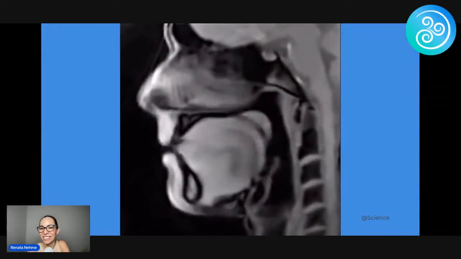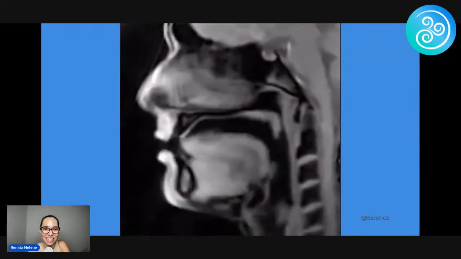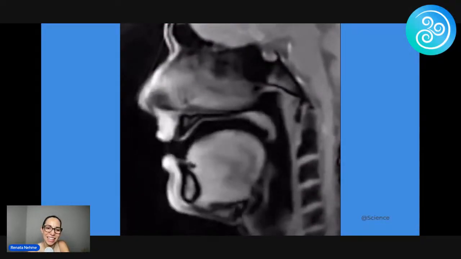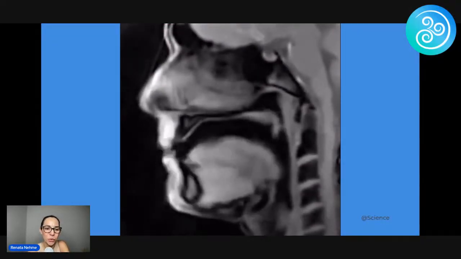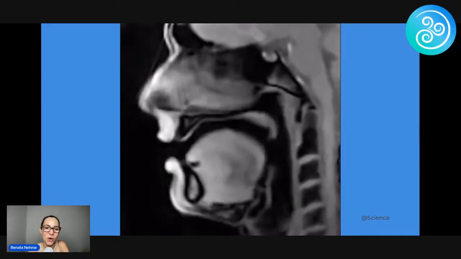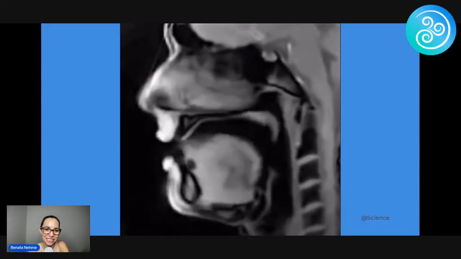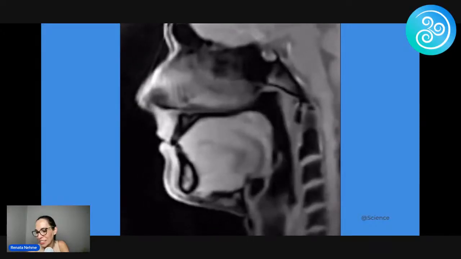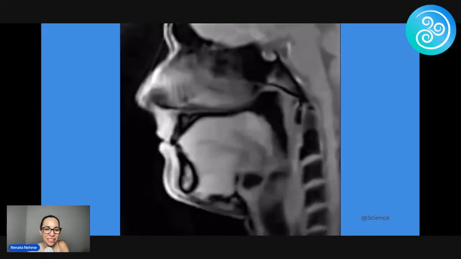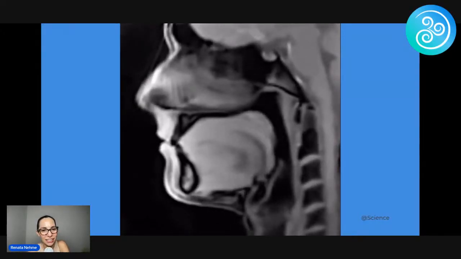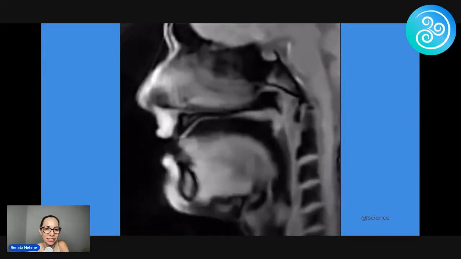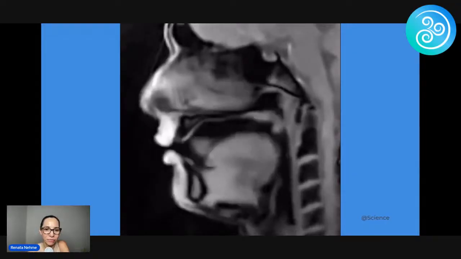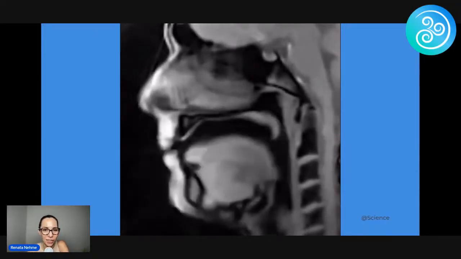Here we go. Let's talk about the tongue a little bit. Look at this organ that is inside our mouth where we work every single day. I hope it's playing for all of you guys. We work every single day, and we really fail to give the tongue the credit that it deserves.